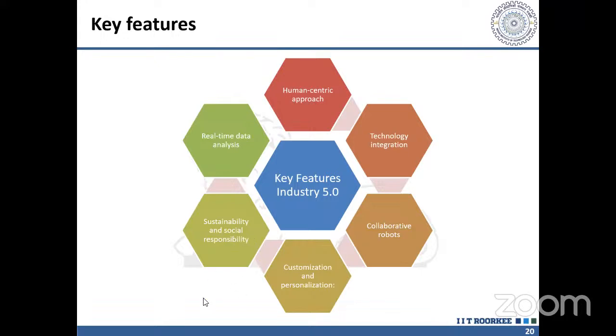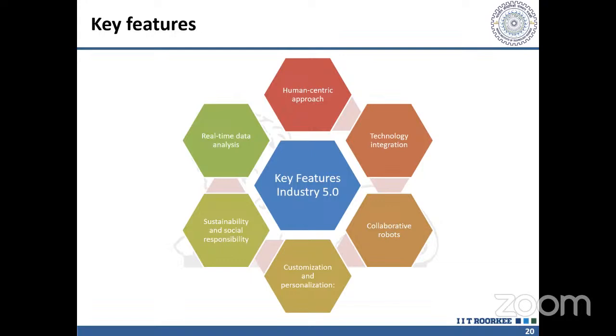Next, a very important one, is sustainability and social responsibility. We can say the whole of Industry 5.0 is based on sustainability and cobotics, which combines all these key features. Sustainability and social responsibility encourage optimizing resources, reducing waste, and minimizing environmental impact.